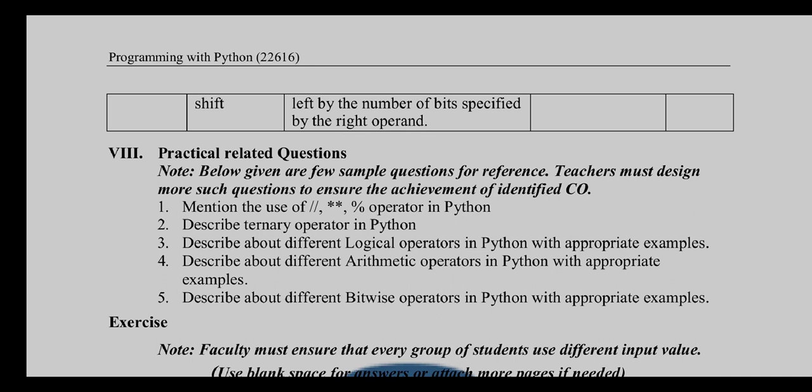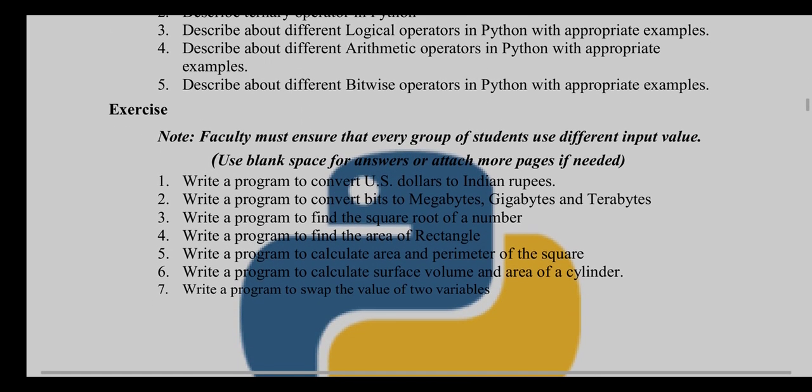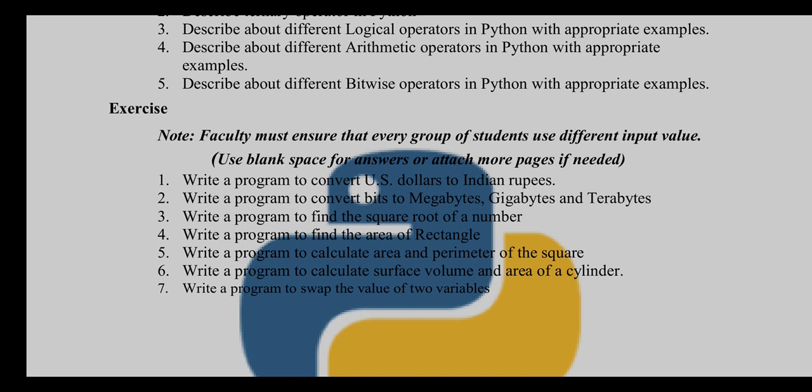Describe the ternary operator in Python. Describe the different logical operators in Python with appropriate examples. Describe the different arithmetic operators in Python with appropriate examples. Describe the different bitwise operators in Python with appropriate examples. All things are available in the manual, so just go through it and complete your writing part.